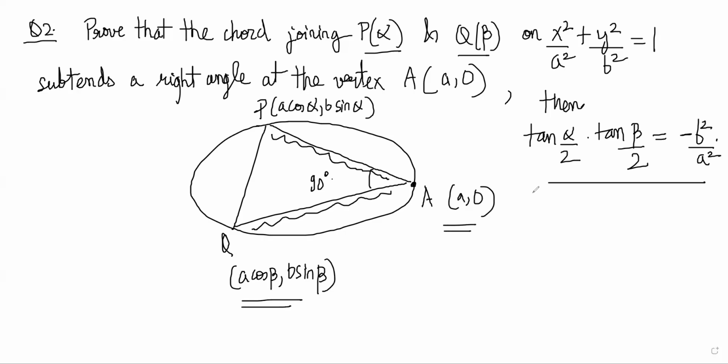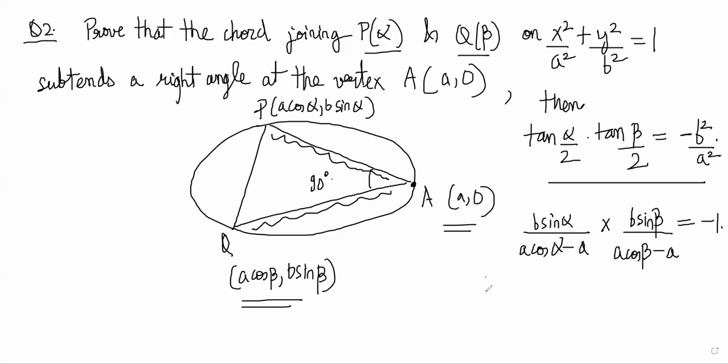You write the slopes. Slope of PA is b sine alpha minus 0 by a cos alpha minus a, multiplied by slope of AQ, which is b sine beta minus 0 by a cos beta minus a. This is equal to minus 1. So you can take a common outside from here and you'll get b square by a square, sine alpha sine beta by cos alpha minus 1 multiplied by cos beta minus 1, is equal to minus 1, right?